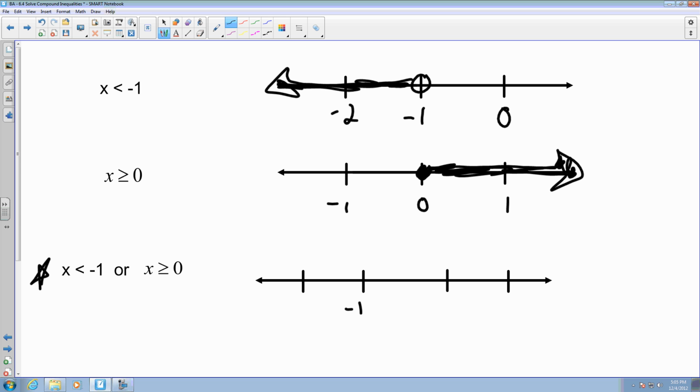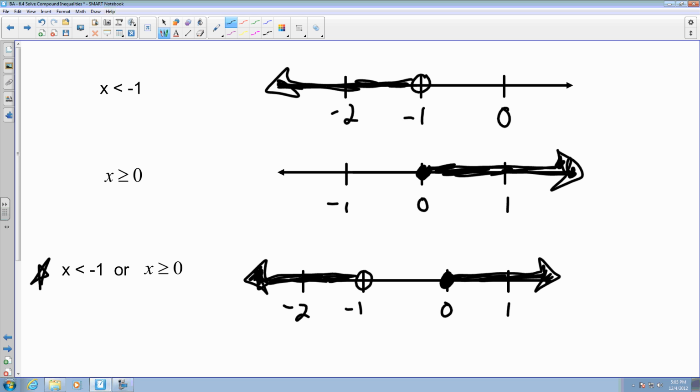So I have my -1, got my 0, put 1 here that's larger than 0, and then I'll put -2 that's less than -1. And an or statement, when you graph it, looks something like this. So I have a closed circle here, and it'll be shaded to my right, and I have my -1, which is an open circle, and it's shaded to my left.